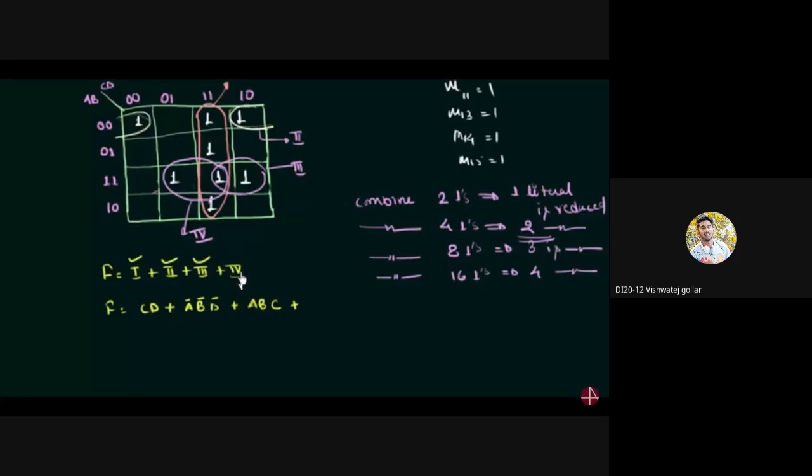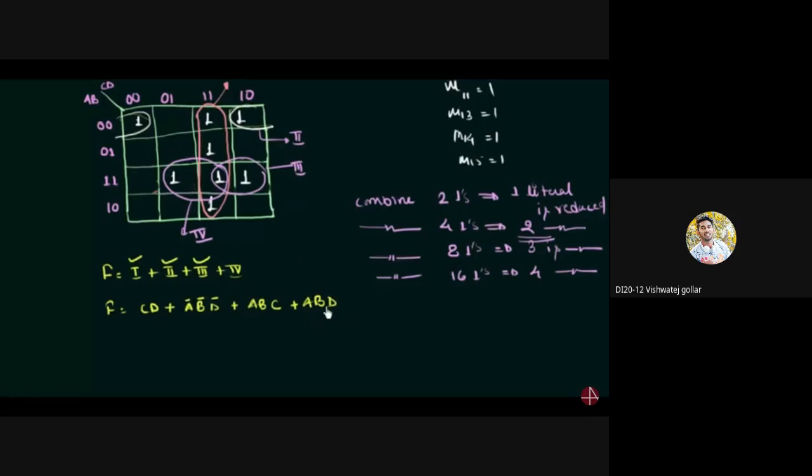Now we'll move to the fourth prime implicant. In this, AB are 1, 1, and not changing. So AB. C is changing from 0 to 1 while D is 1.